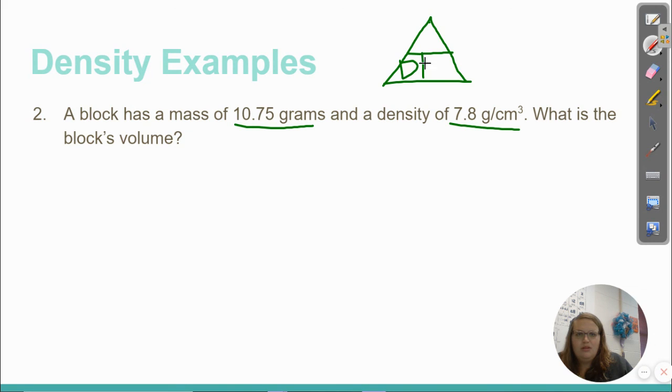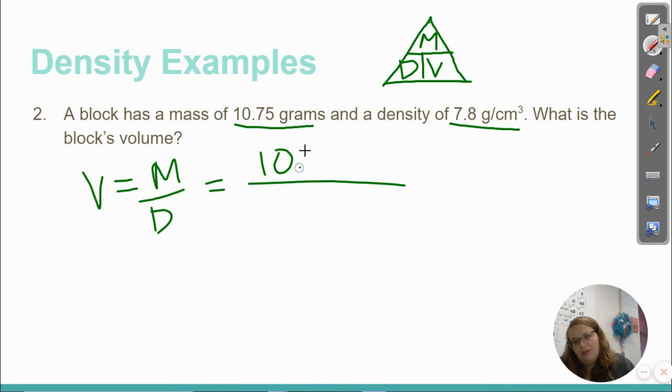So the density is mass over volume. So whatever one you're solving for, so if I'm solving for density, I have mass over volume. I'm putting my finger here like you can see me pointing. I have mass over volume. So in this case, I'm solving for volume, so I'm going to have mass divided by density. So volume equals mass over density.